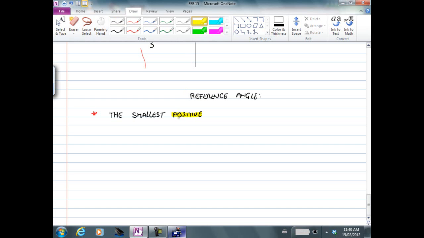The smallest positive angle the terminal arm makes with the x-axis. This is called the reference angle.